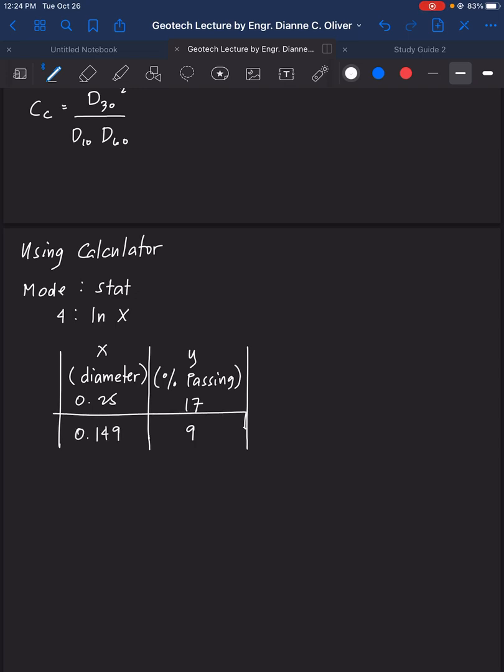Take note, it is in between here that we will find the answer.